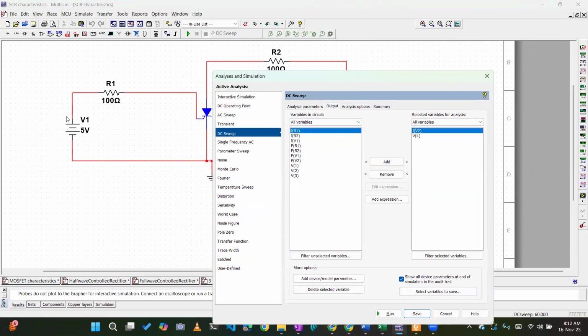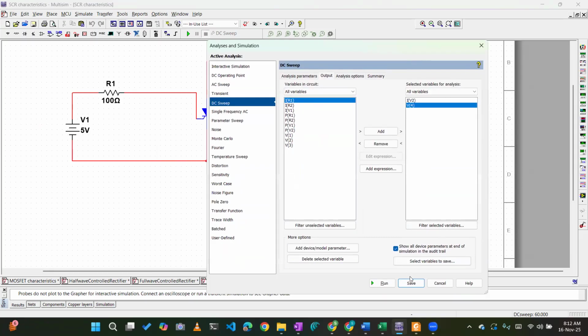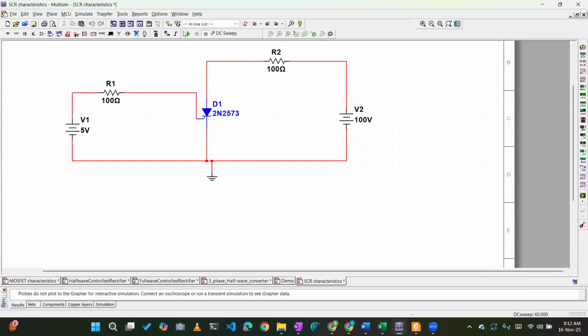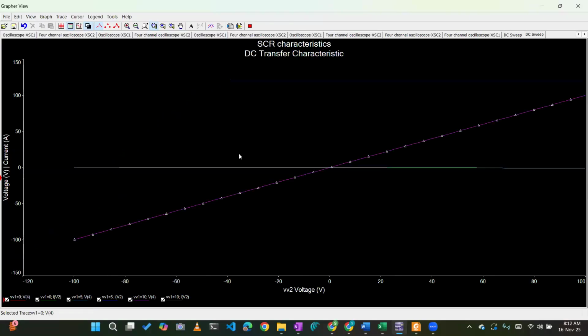V1 is here, but I want the gate voltage node voltage here. This is V4, this point. Therefore I write V4 here. Then I save. Then I plot. We will not get the SCR characteristic by this one. We have to actually take an Excel sheet, which you won't need to do in the exam.